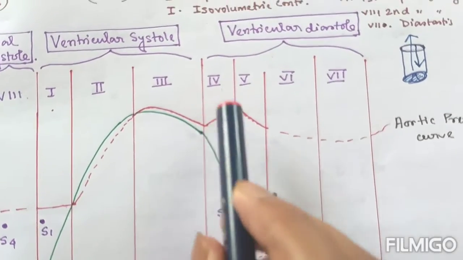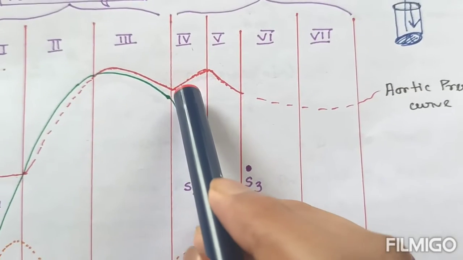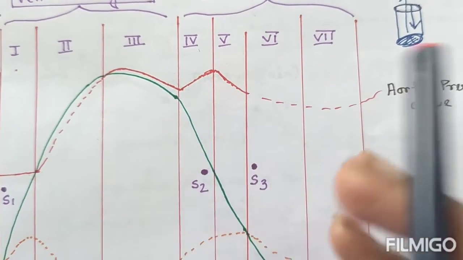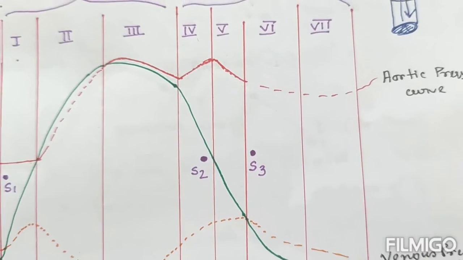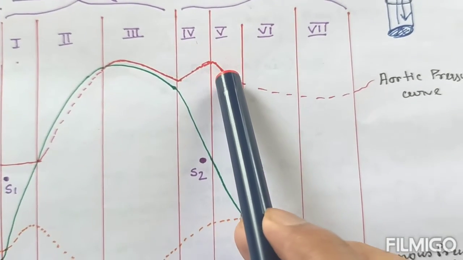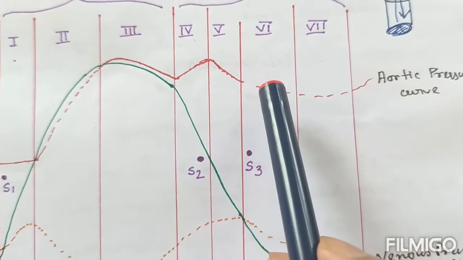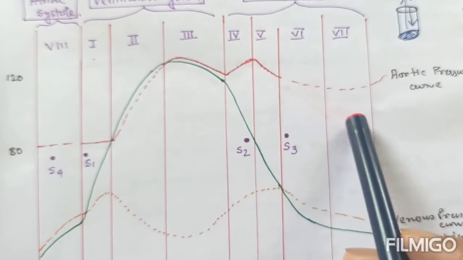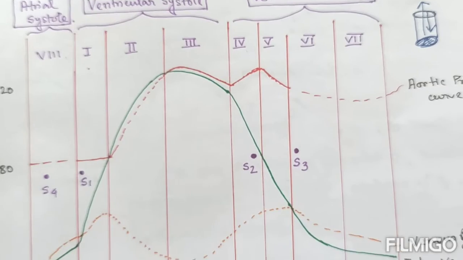Then blood starts entering from aorta to the capillaries, and thereby blood pressure falls, and at a time it reaches its baseline, that is 80 mm of Hg.